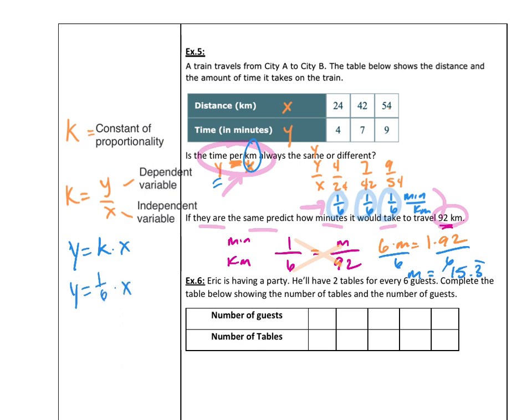X is the distance, right? They want to know how long it takes us to go 92 kilometers. So you just say y equals 1/6 times 92, which gives you y equals 15.3 repeated. And you just remember that y is the time, which is minutes. So that means it's going to take you 15.3 minutes to go 92 kilometers.